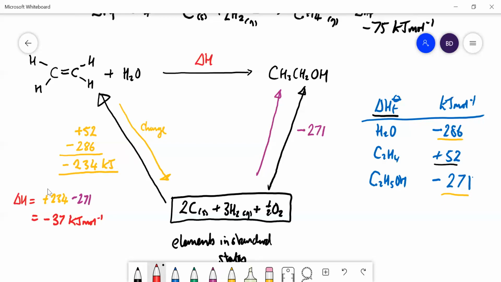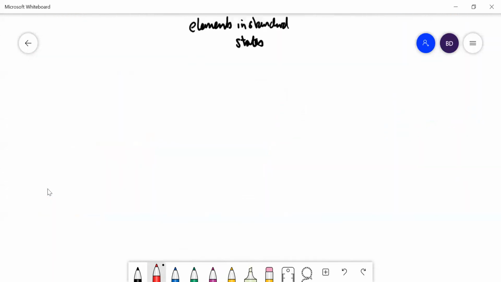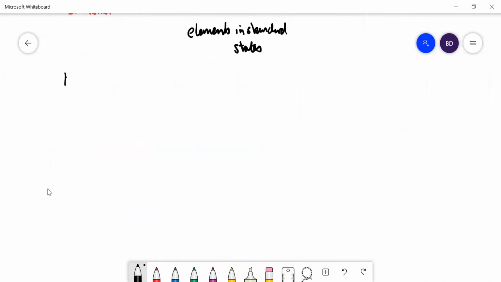Instead of using delta HC, we can use delta HF. Now I'm just going to summarize the differences between those two things in this last bit here. So I'm just going to call it reactants and products, okay? So we've got reactants going to products. Now this is if we're given delta HC data.